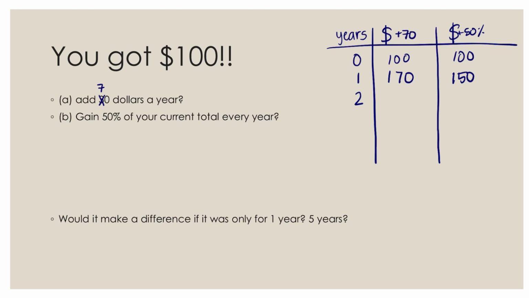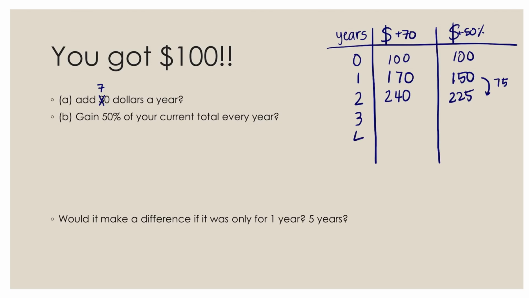So this would be 240 now. And in this one, we are adding 50% of our current total, and 50% of 150 is 75. So I would come out to be 225. That was too low. It should be up here. There we go. So still at 2 years, we would prefer $70.